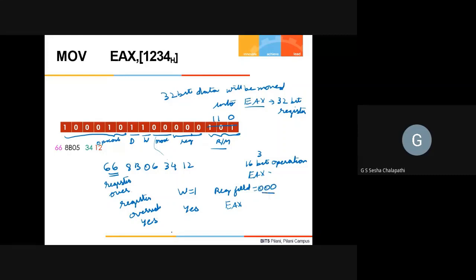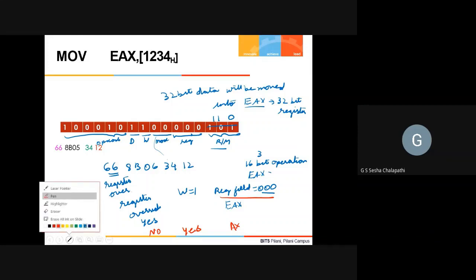If I take a different ink and tell you, let us say the register override is no, and this is yes. That means the W bit is 1. If the reg field is 000, it will be interpreted as AX.